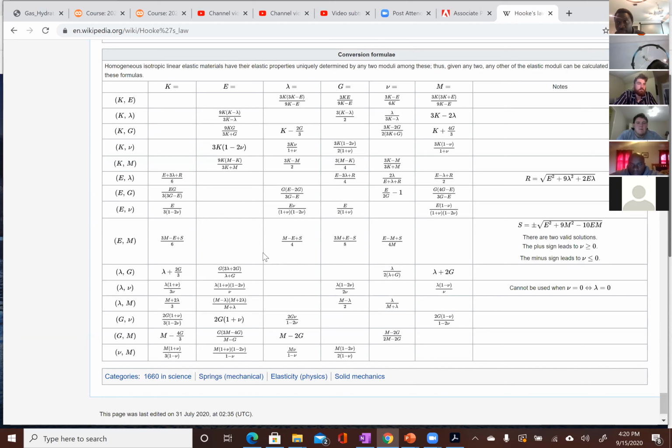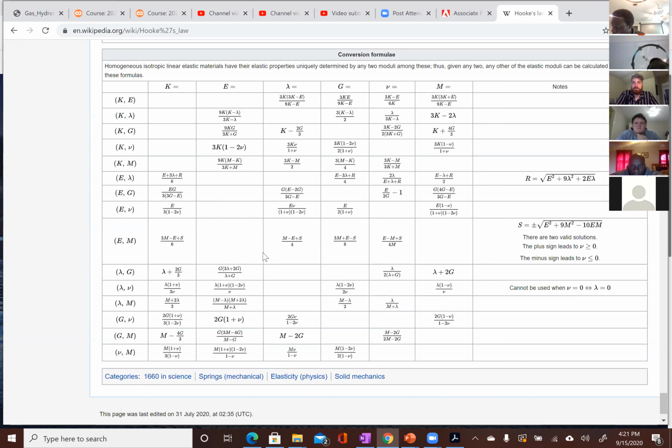And you want E and nu, meaning Young modulus and Poisson ratio. Then you'll get Young modulus from this equation, E, in terms of K and G. It's very difficult to miss because it has to be in terms of what you want. And you go down to the Poisson ratio, and it's this, also in terms of K and G.